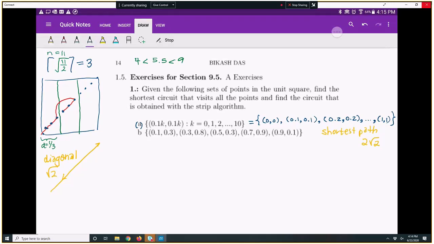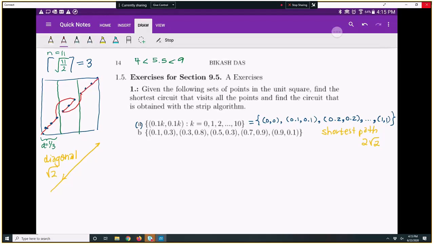The only reason that I drew this path like this going around is to clearly indicate that I'm covering the distance by going up and back down. If I just went up and back down, it would be hard to tell because the line would be on top of each other. So I've drawn it this way, but we understand that I'm actually traveling the straight line distance up and then back down. Then in strip 3, according to the strip algorithm, I'm again going to start at the lowest most point and make my way up.